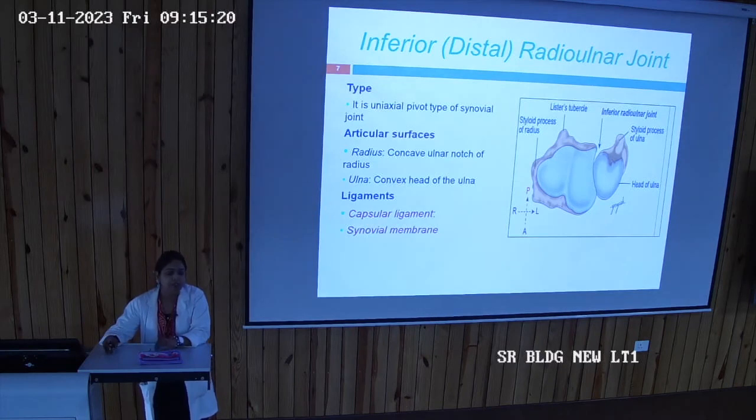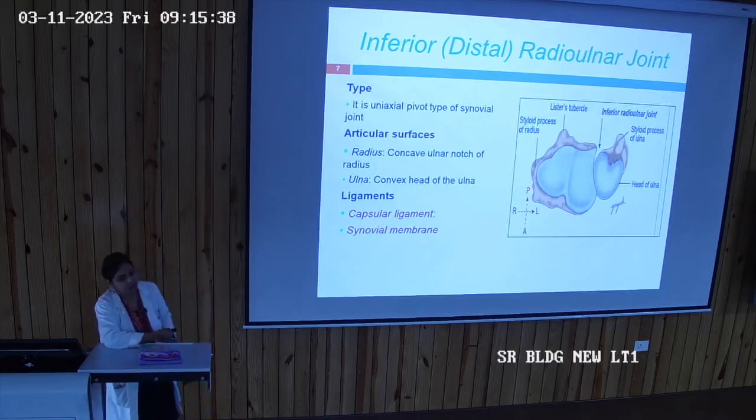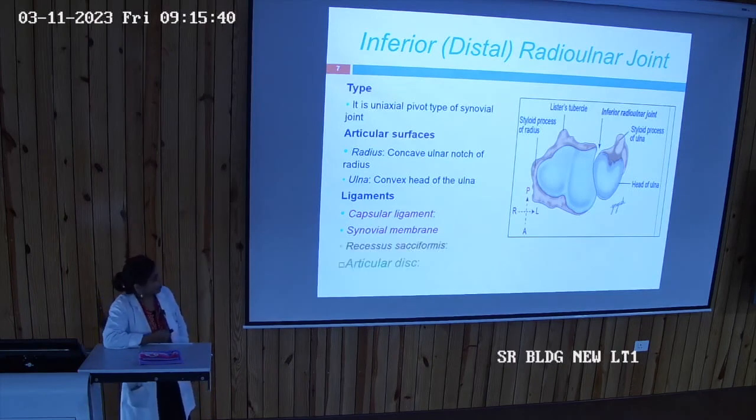So there is this triangular articular disc of the inferior radioulnar joint. The apex of the triangle is attached to the styloid process of the ulna. At the lower end, have you seen posteromedially there is a styloid process? The styloid process gives attachment to the apex of the articular disc, and its base is attached to the lower margin of the ulnar notch of the radius.